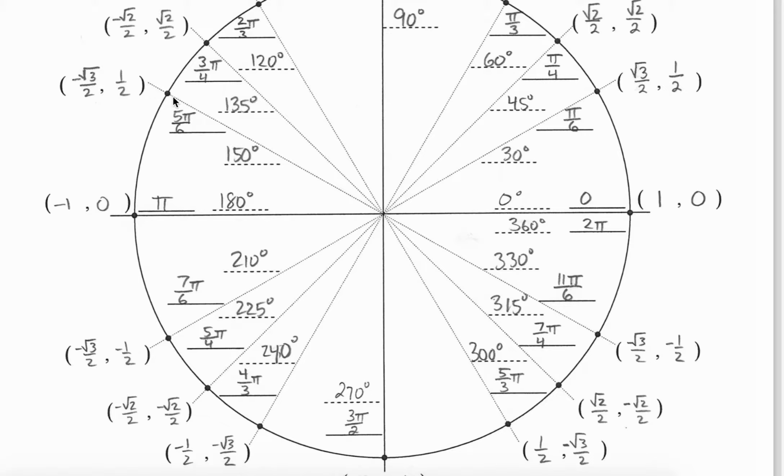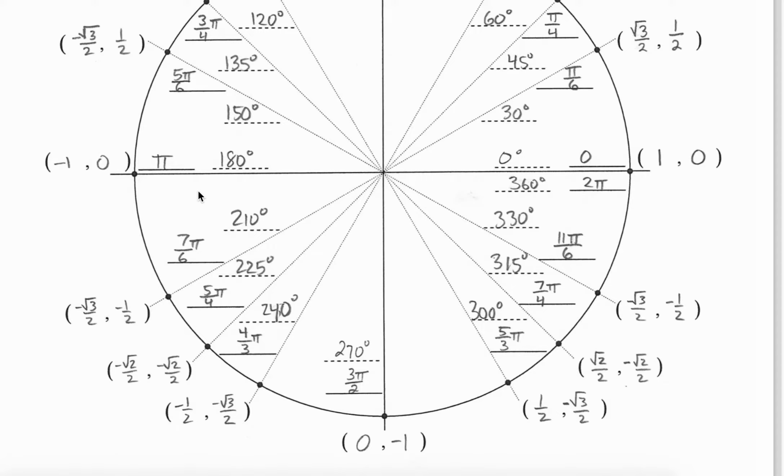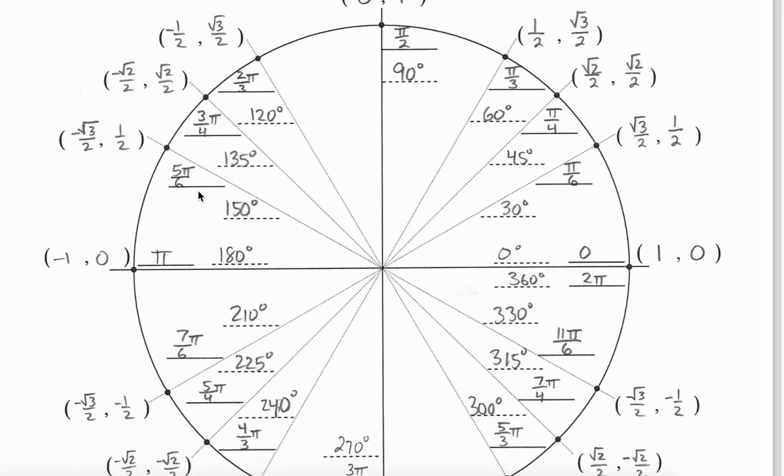Over here, if I want to trace these angles over into the fourth quadrant, they're the exact same coordinates, except that in the fourth quadrant, the y value is negative. And over here in the second quadrant, the x value is negative.